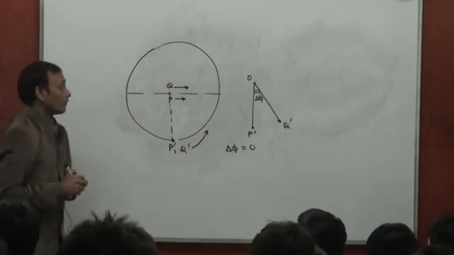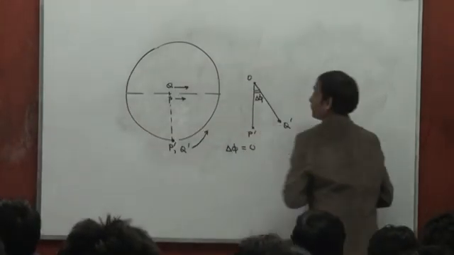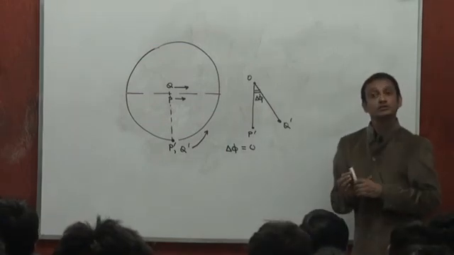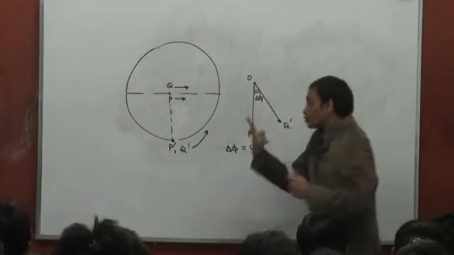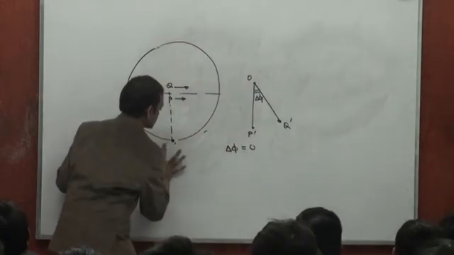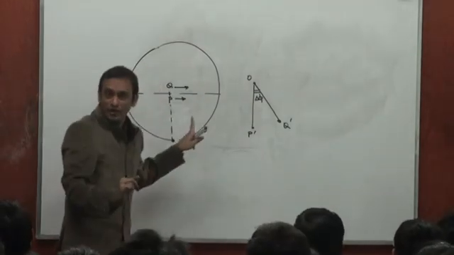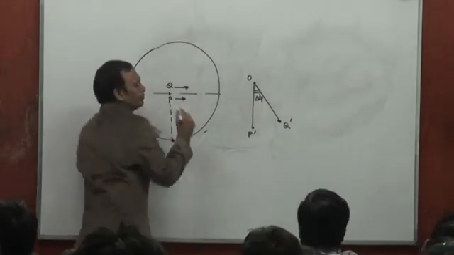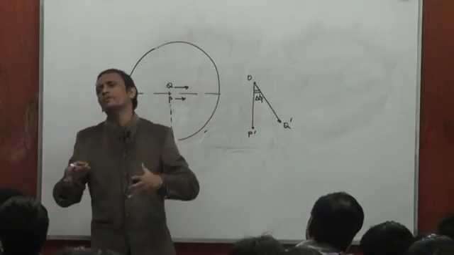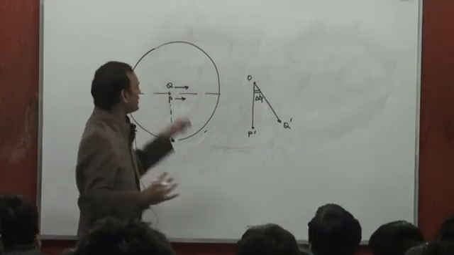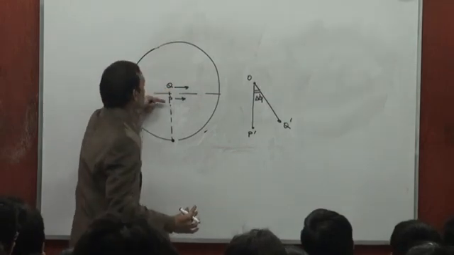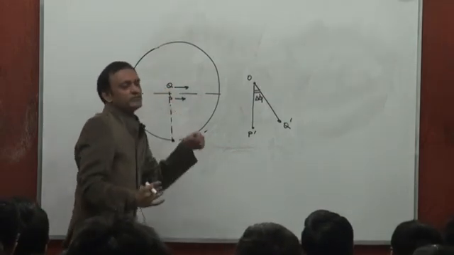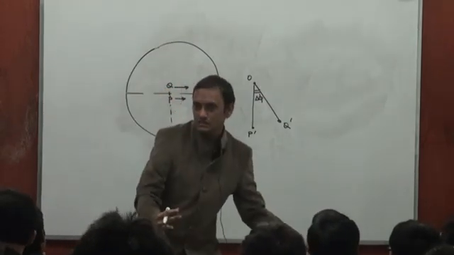In fact, what could have also happened is this: at some instant of time, both start to execute SHM at the same instant, t equal to 0, Q in this direction, P in this direction, and we readily say that the phase difference is 0, right?